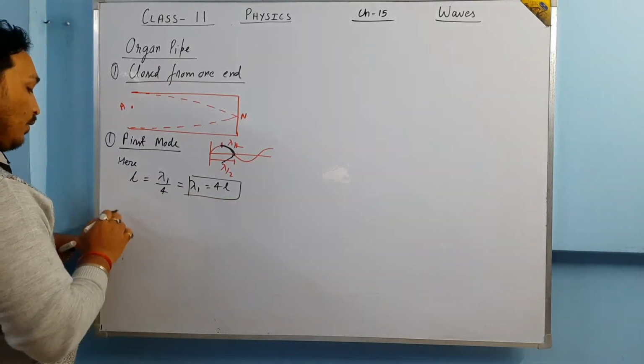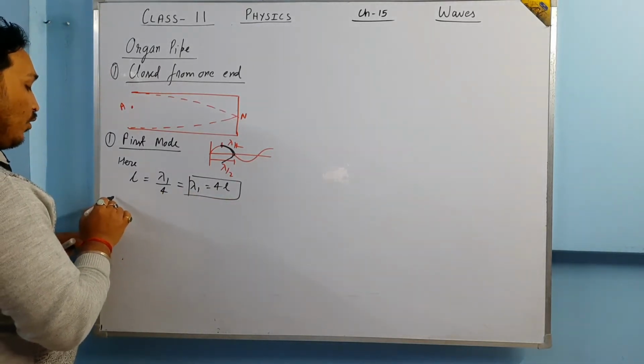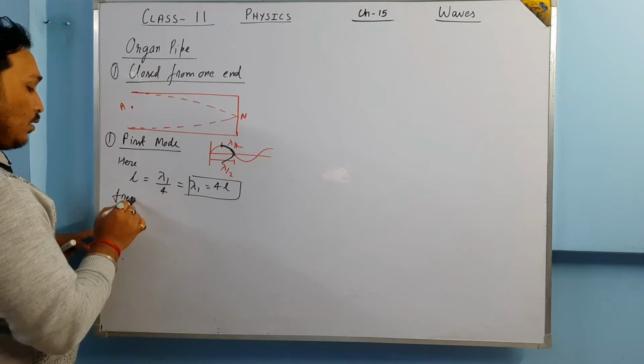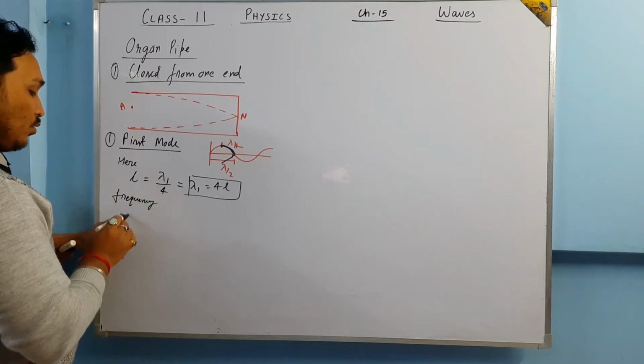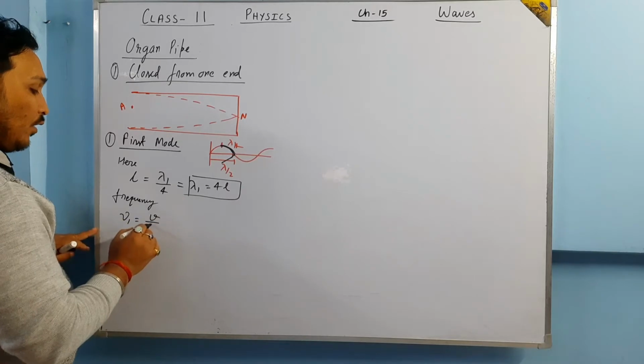Now to calculate the frequency, nu 1 is V upon lambda 1.